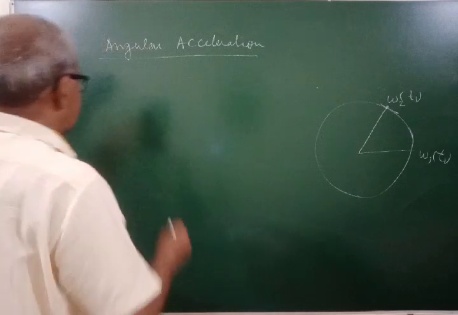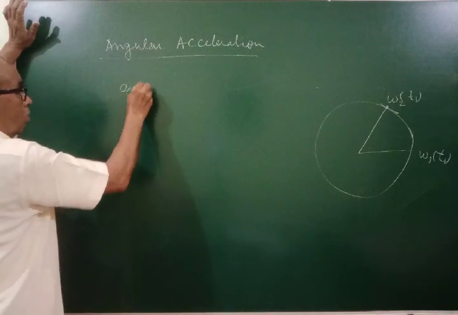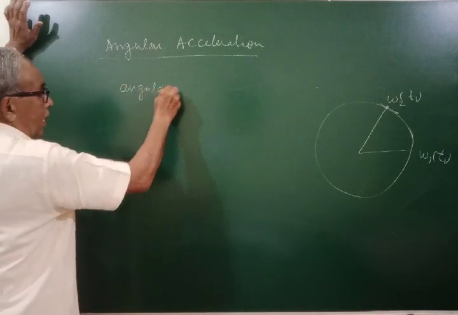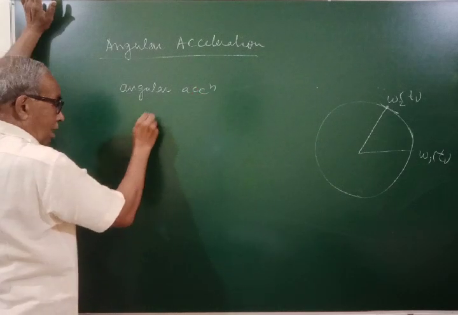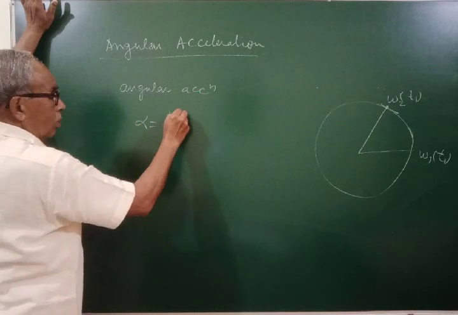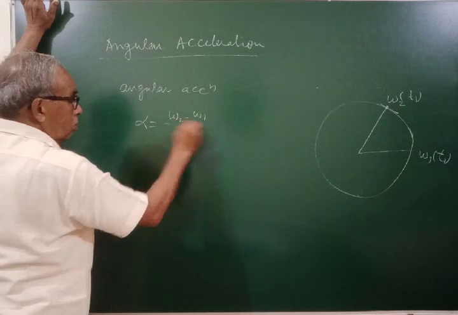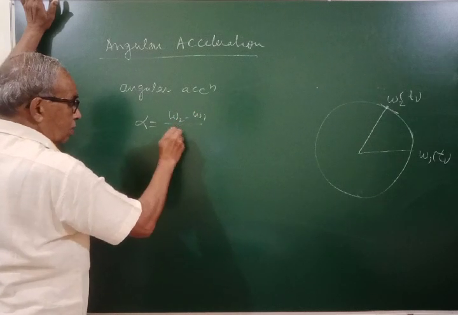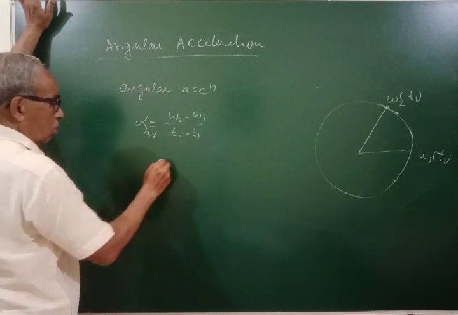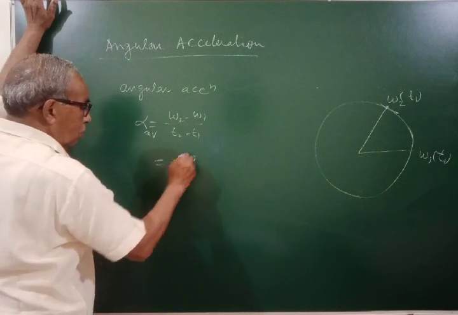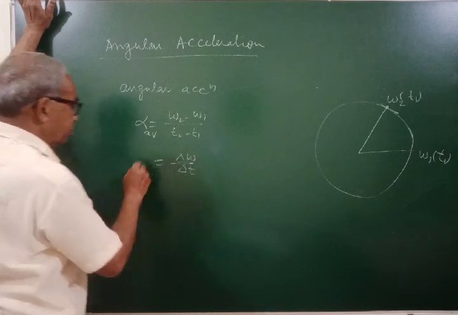Then angular acceleration, alpha, I write alpha equal to omega 2 minus omega 1 upon t2 minus t1. This is in one sense average acceleration, equal to delta omega upon delta t.